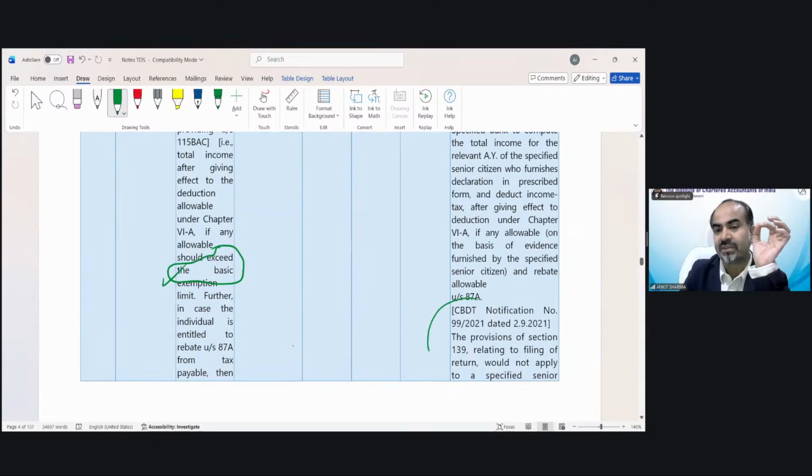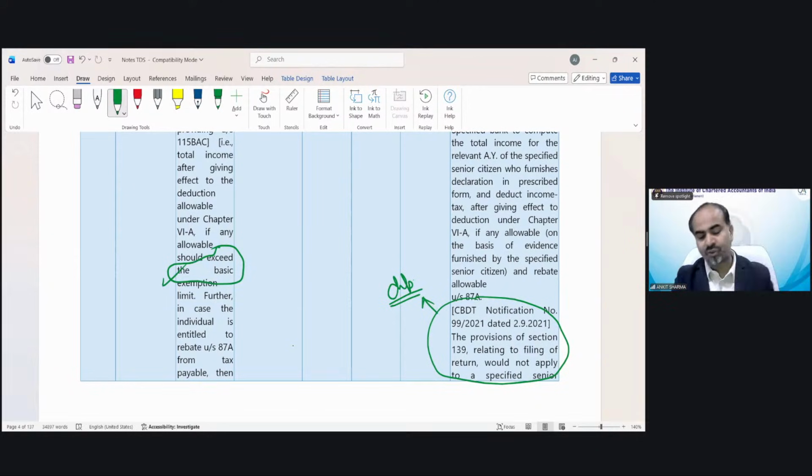This is the advantage. And this provision we will again discuss under chapter 8, filing of return of income. There would be an exception when we discuss that chapter, which will say that any senior citizen having more than 75 years of age, only receiving pension income and interest income from the same bank, does not require to file a return if all the amount of tax has been deposited and paid as TDS.